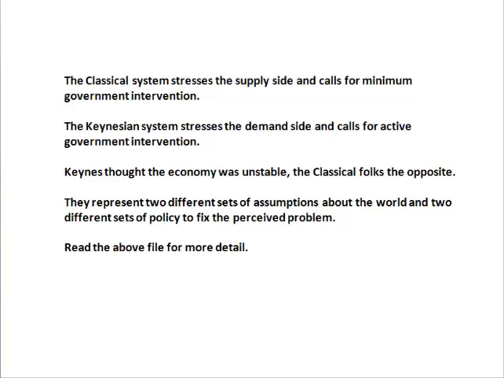Keynes thought the economy was unstable, but the classical folks thought the opposite. So the two different camps represent two different sets of assumptions about the world and two different sets of policies to fix the perceived problems. So they really do, the Keynesians and the supply-siders, they look at the world in totally different ways. So it's no wonder that they have different answers to the problems.